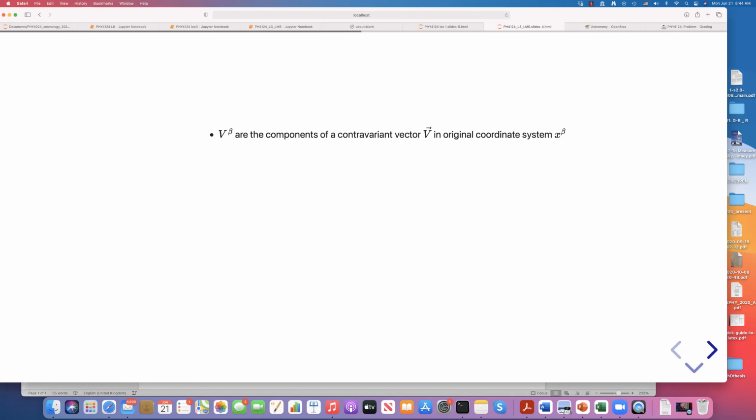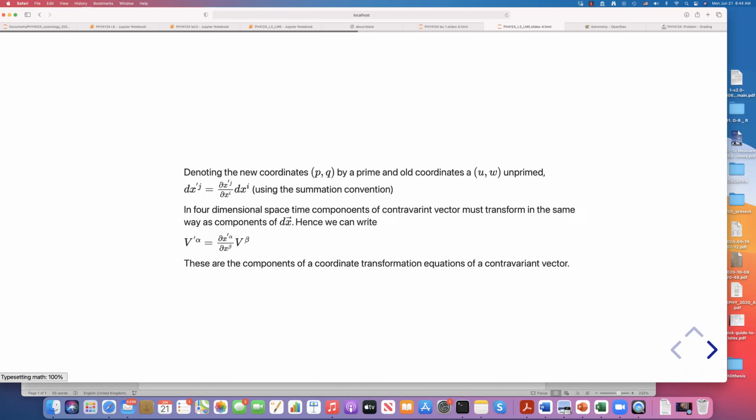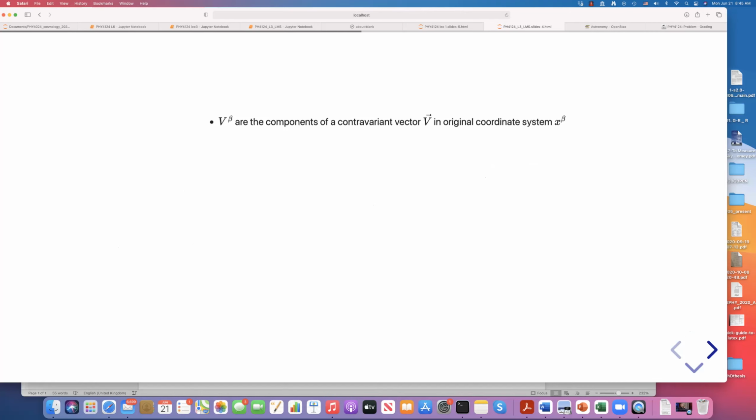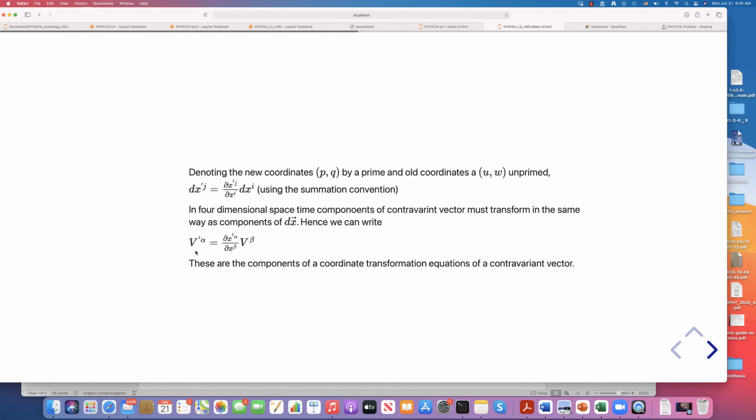Now, if you explain this in words, the vβ are the components of the contravariant vector v in the original coordinate system xβ, right?